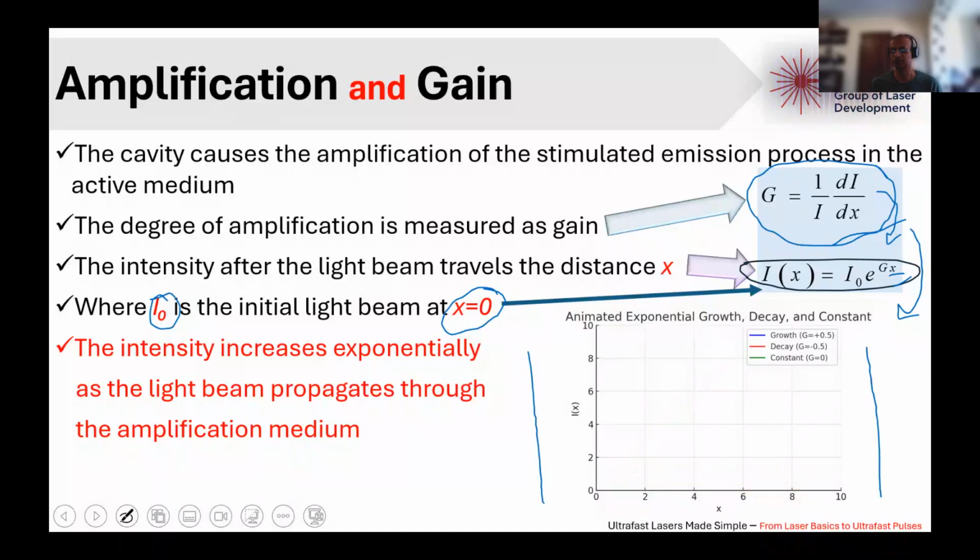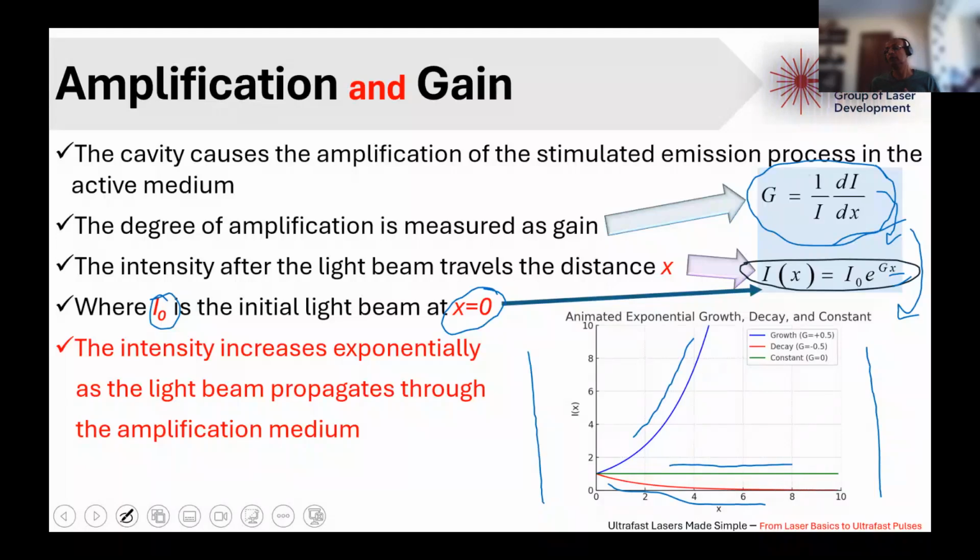So you can see here, when the growth is going on, it's growing the signal. This blue color. And when the gain is a constant, then you see the green. And when the gain is decaying, this is the red portion.